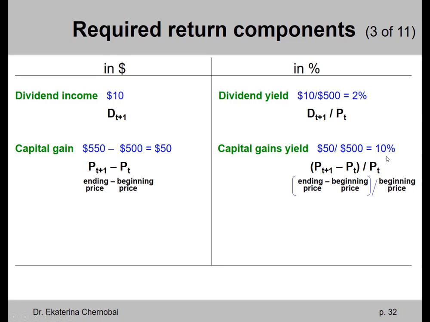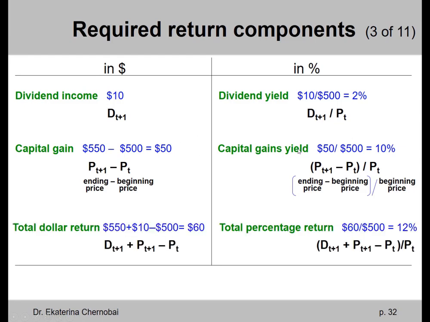So we made 2% more money just from the pure dividend that was paid to us. And we also made, separately from that, another 10% more money just based purely on the fact that the price per share went up. And so the total return is, if you look at it in dollars, you combine the $10 dividend with the $50 capital gain and get $60.